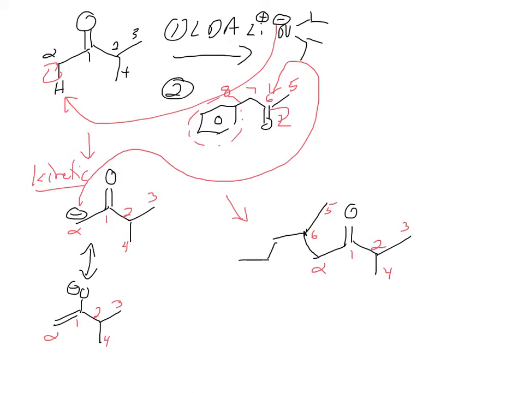And then 7 is bonded to the ring. What am I missing? Oxygen's on which carbon? 6. O minus on 6. Good. Alright, at this point, you're done.